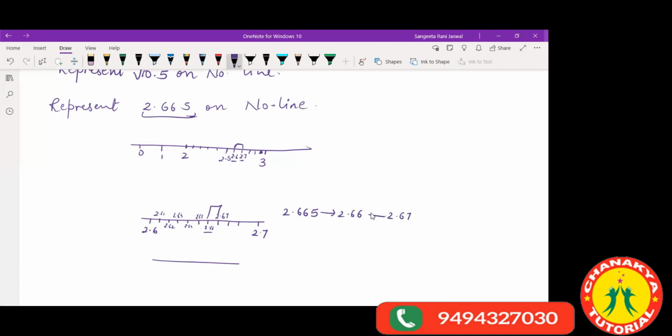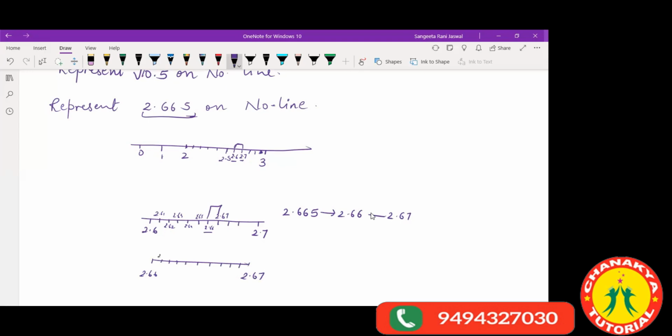Okay, so I'll magnify this also. This is 2.66 and this is 2.67. In between also I will make 10 equal divisions. 1, 2, 3, 4, 5, 6, 7, 8, 9, 10. Right? So this is 2.66.